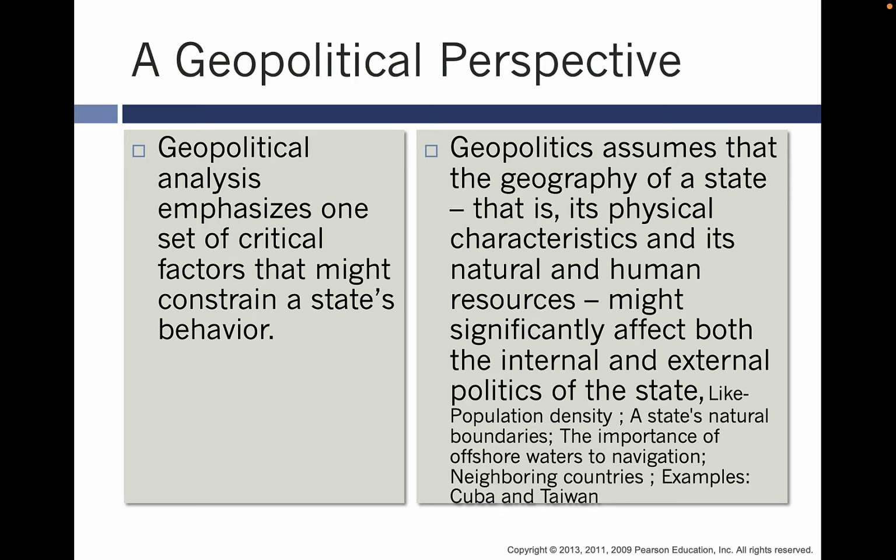And when we go into chapter 12, we're going to talk about how at times territory boundaries will create war or violence between countries. And that's kind of been the tradition. And the importance of offshore waters to navigate, examples, Cuba and Taiwan.